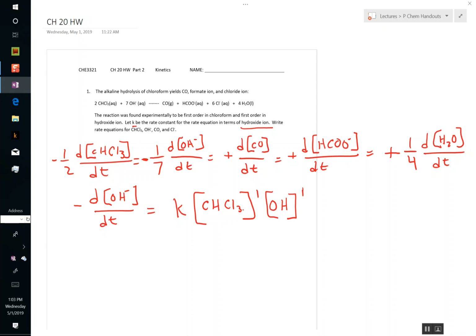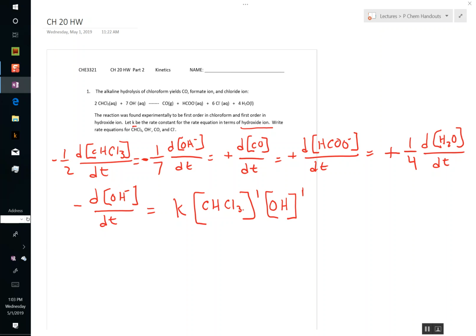I'm a little confused in terms of the hydroxide ion, and how you are making the rate on the left. They're saying that the rate of the reaction is first order in both of those two things, right?